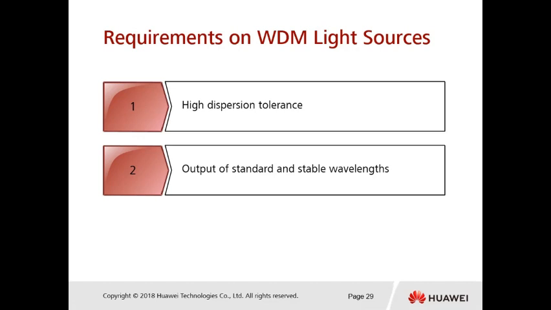So our transmission distance can be longer. You know, the DCM is also one kind of fiber. It must have attenuation. If we can use less DCM, I think the transmission distance can be longer. So that's the requirement of our WDM light source. Which kind of technology we use should follow these requirements.